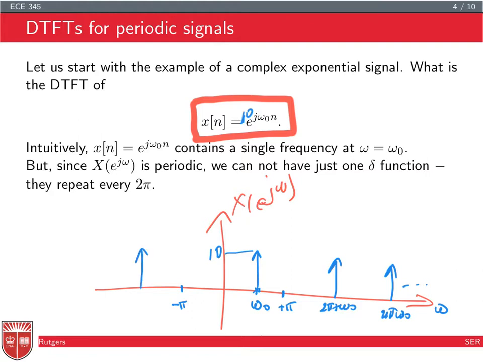So here you would have also the train of impulses. That's what I want to show: that the DTFT of a complex exponential signal, which is e^{jω0 n}, is a train of impulses at frequencies that are ω0 plus multiples of 2π.